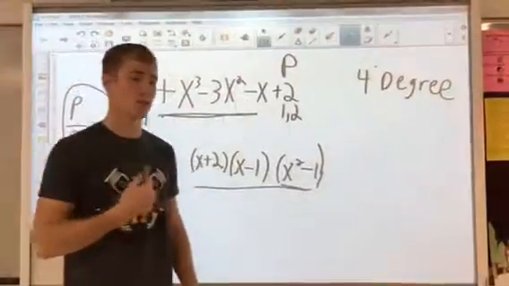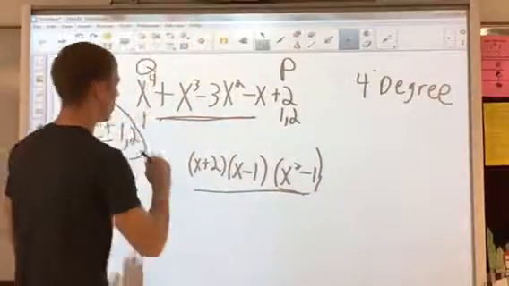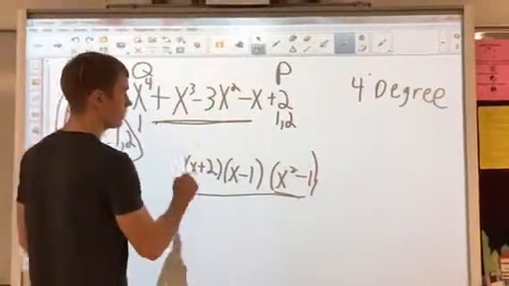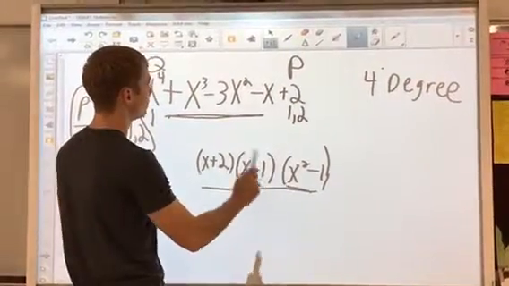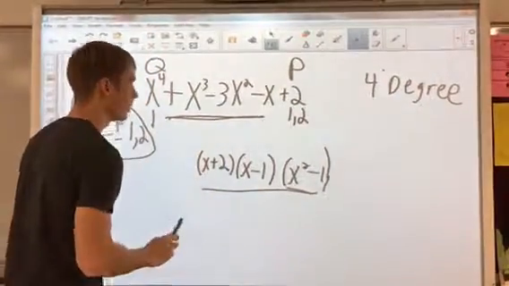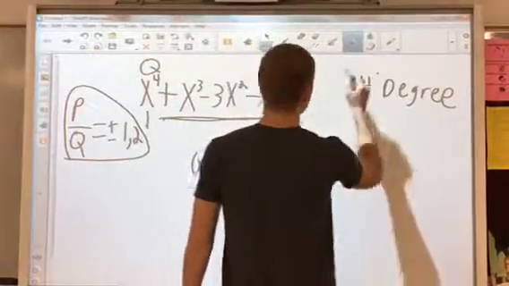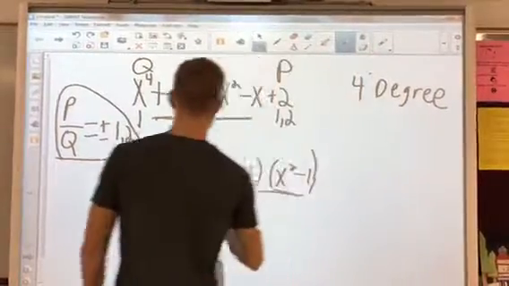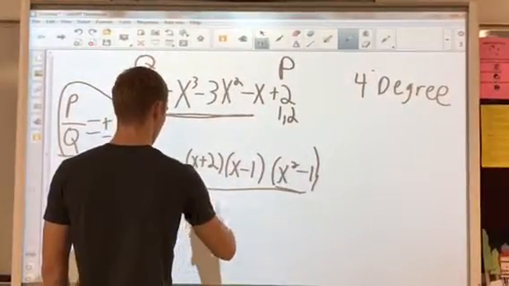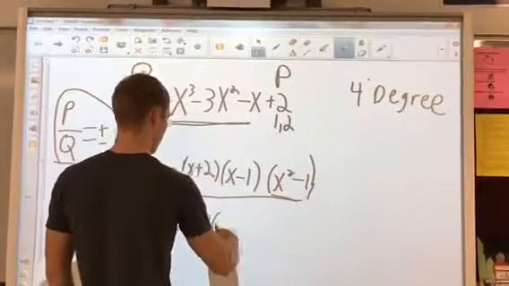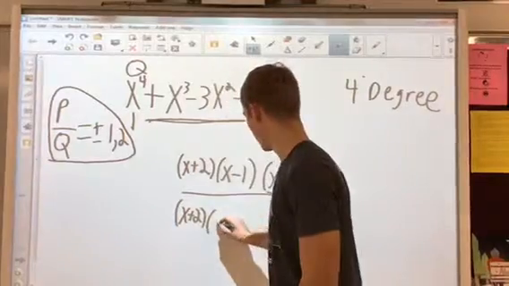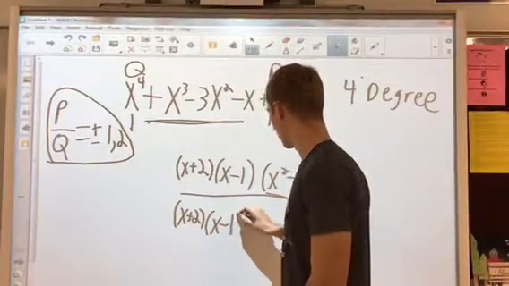So now we've moved on to the next step, where we have our polynomial in fully factored form right here, and this would all multiply to equal this polynomial. What we're going to do now is simplify it a little bit more by rewriting x plus 2 and then rewriting x minus 1.